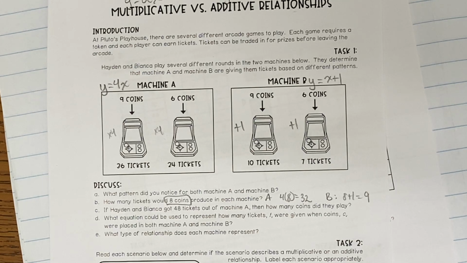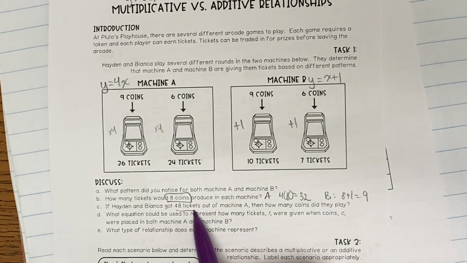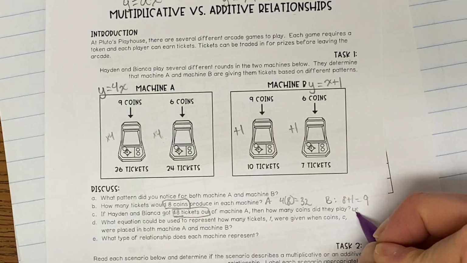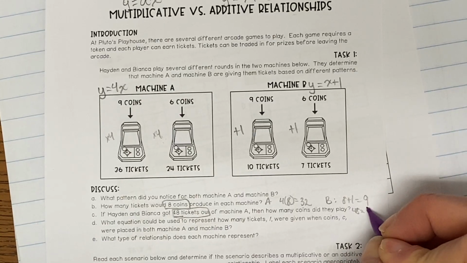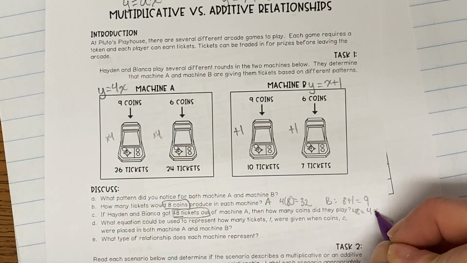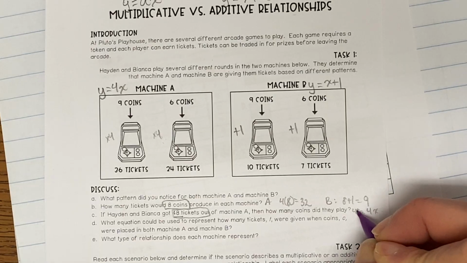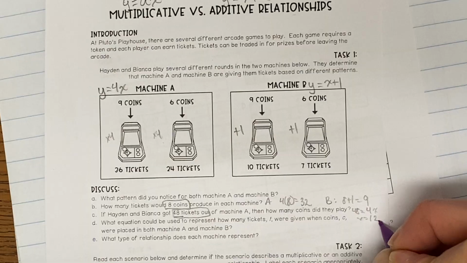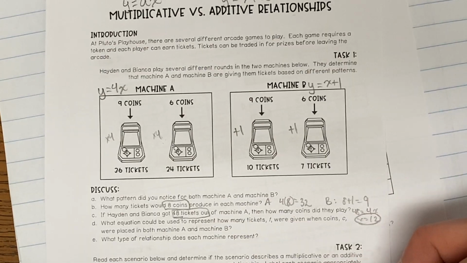On C, it says if Hayden and Bianca got 48 tickets out of machine A, then how many coins did they play? Well, our 48 tickets out would represent our output. So I'm going to write 48 equals 4x. I've got to figure out what times 4 is 48. On there, my x is going to represent 12. So we put 12 coins in.